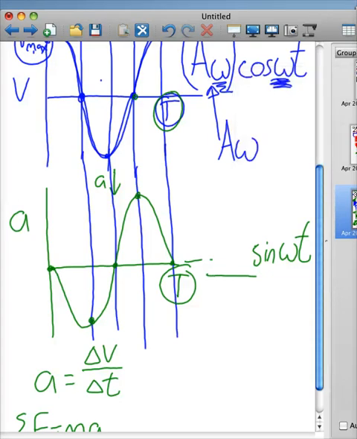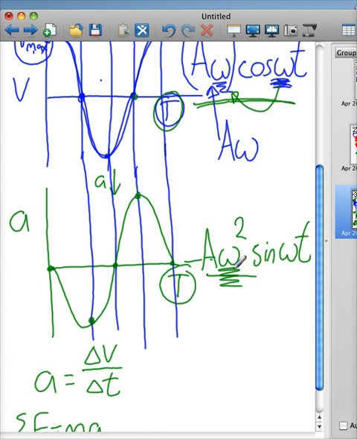Well, once again we can use maths to differentiate this equation, and we have to take the omega value out and put it at the front, and we end up with negative A omega squared sine omega t. So the acceleration is totally related to the omega, and that makes sense.